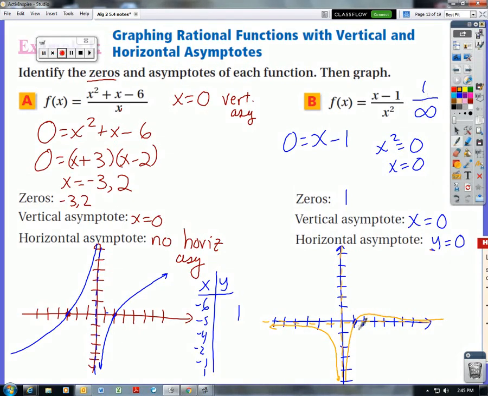I do know, though, that they can cross horizontal asymptotes. That does happen. But notice that as x approaches infinity, the y is still approaching 0, which is what we would expect. Also notice as x approaches negative infinity, the y is also approaching 0. So on both ends, it's approaching y equals 0. That's why the horizontal asymptote is y equals 0.